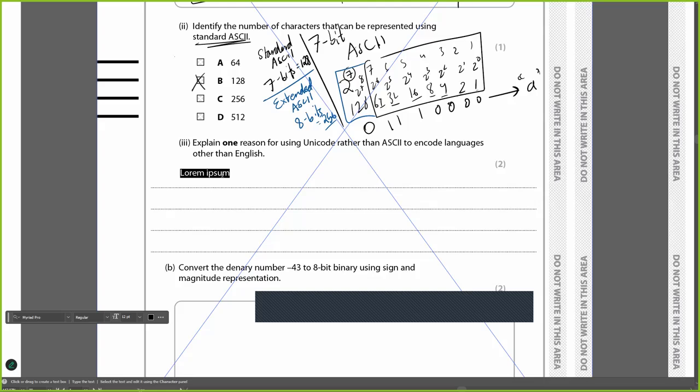So one reason why we would use Unicode rather than ASCII to encode languages is because Unicode can represent all characters, symbols from all of the major languages.